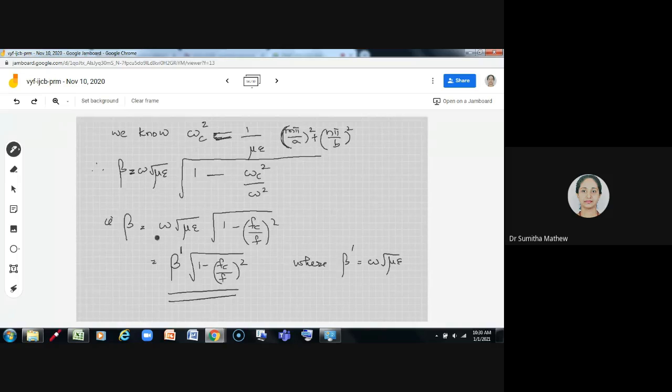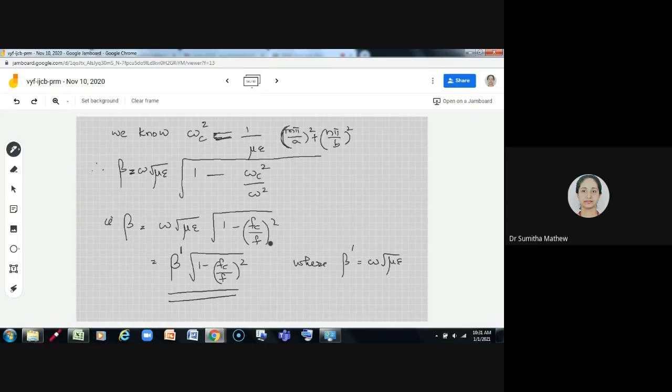So beta is equal to omega root mu epsilon into root of 1 minus omega c square by omega square. Now omega c square by omega square is nothing but (fc by f) whole square, because we know omega c is equal to 2 pi fc, and omega is 2 pi f. So you cancel out that 2 pi factor and you get beta, the phase constant, equal to omega root mu epsilon into root of 1 minus (fc by f) whole square.